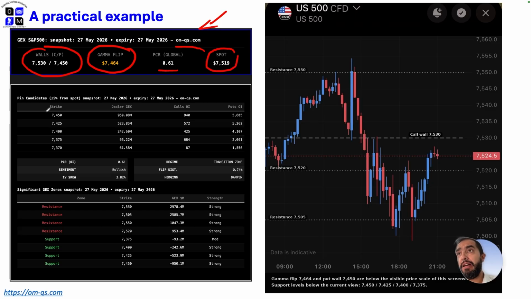In addition, there are some pin candidates that I make based exactly on the dealer GEX, the gamma, and everything into the significant GEX zones, resistance and support levels, four of each, and the strength based on the amount of gamma exposure that we have.